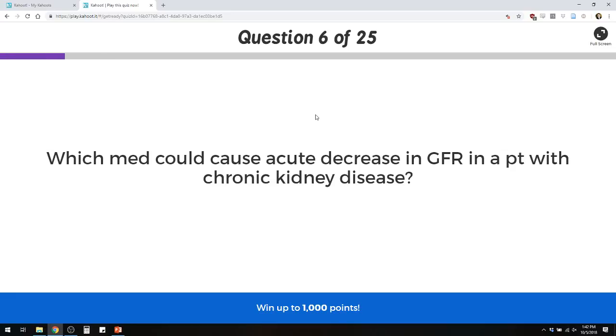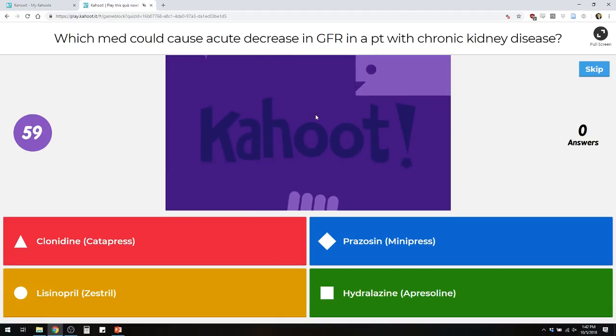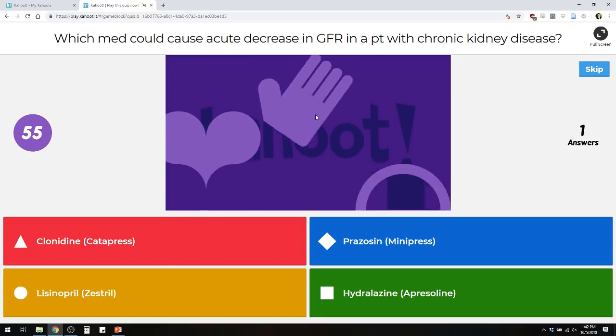Up next, which med could cause acute decrease in GFR in a patient with chronic kidney disease? You have clonidine, prazosin, lisinopril, or hydralazine.